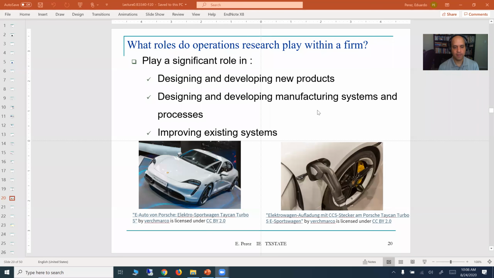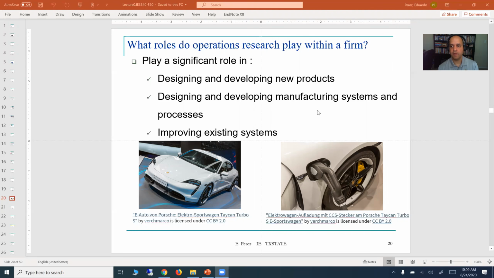So I have an example here. This is the Taycan Turbo. This is an electric car, the new Porsche electric car. So I was reading about all the things that went into developing this car. It's not just the design of the car, but also the infrastructure that goes around it.